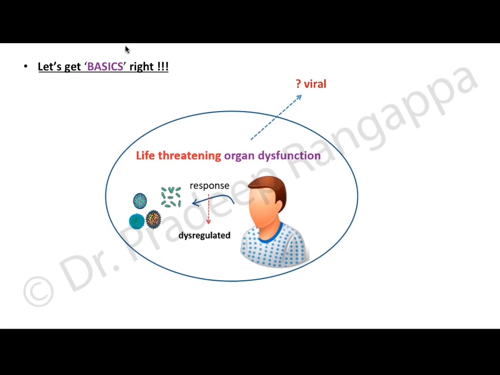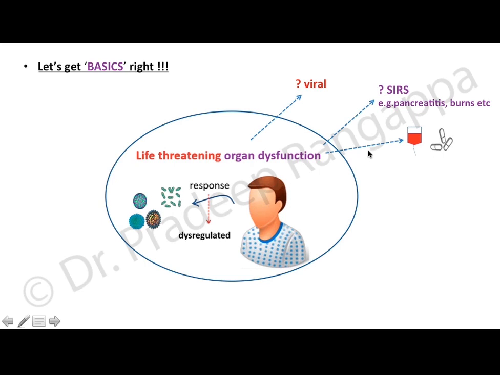And this life-threatening organ dysfunction due to dysregulated host response can be due to viral infection. So when you apply this definition and start giving antibiotics, we may be ending up giving antibiotics to this viral infection, which may be causing exactly this life-threatening organ dysfunction due to dysregulated host response. Or it can happen due to other non-infectious conditions like pancreatitis, burns, or any other SIRS mechanism.